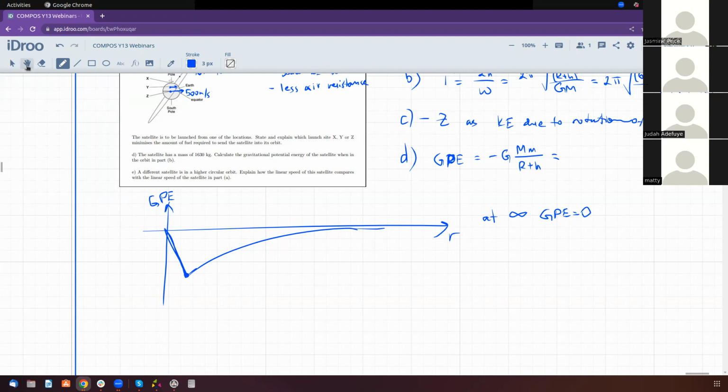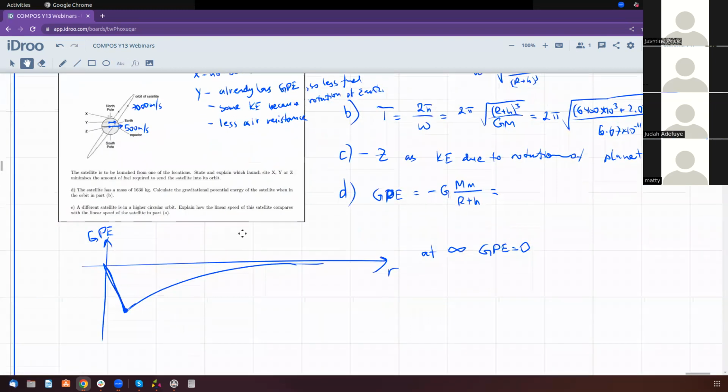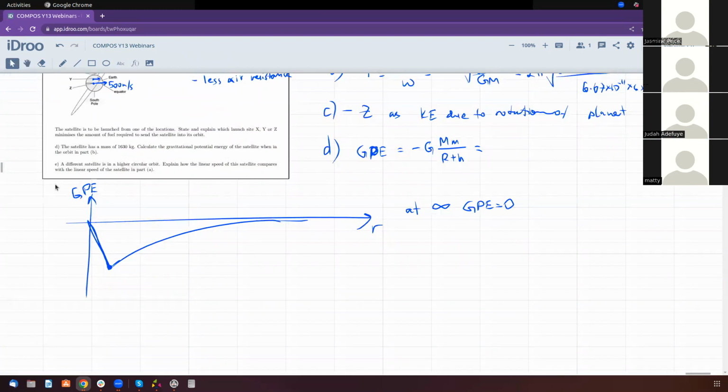Okay, so at infinity, the energy is 0, and you need energy to get to infinity. Therefore, your energy has to be negative. You have negative energy plus kinetic energy. To go into infinity, you need positive energy. Therefore, your current energy is 0. I hope that makes sense. So I'm sure you can calculate that. This is just a calculator exercise.